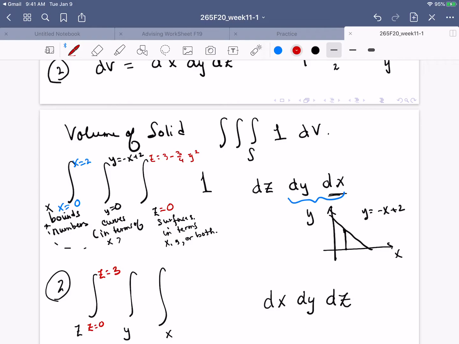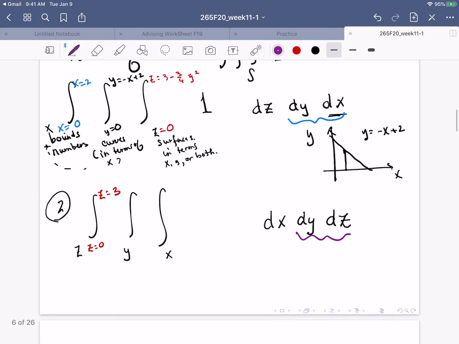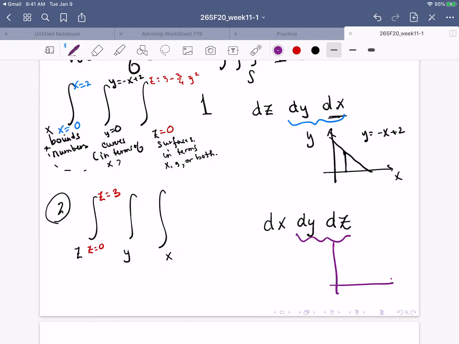Okay. If I consider y, again, I can consider the yz plane. And that's where I have that parabola, z equals 3 minus 3/4 y squared. But this time I want to do bounds for y. So y goes from 0.